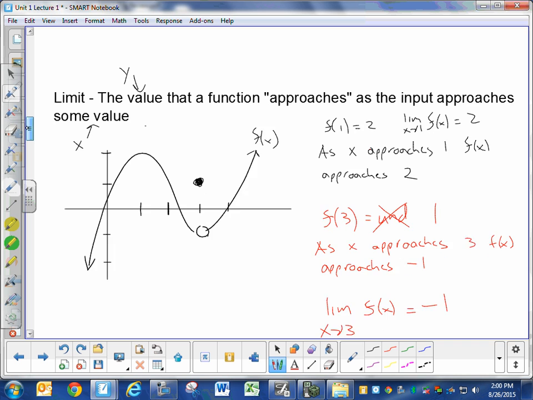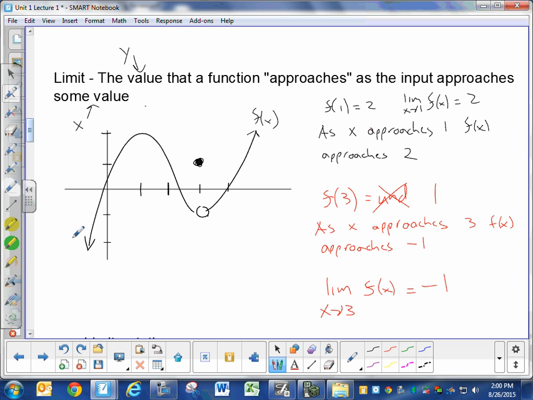Now, if we went back to our first example, it's easy. The limit as x approaches 3 from the left, well, from the left of 3, my function values are approaching -1. And from the right of 3, my function values are also approaching -1.